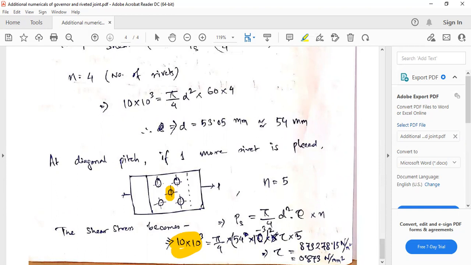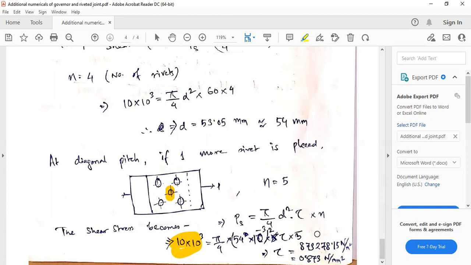If you solve the entire equation, you get tau equal to 0.873 Newton per millimeter square. So the shear stress in this case, if we insert one more rivet here, reduces. And in this case, we need to use a higher diameter to actually save the joint.